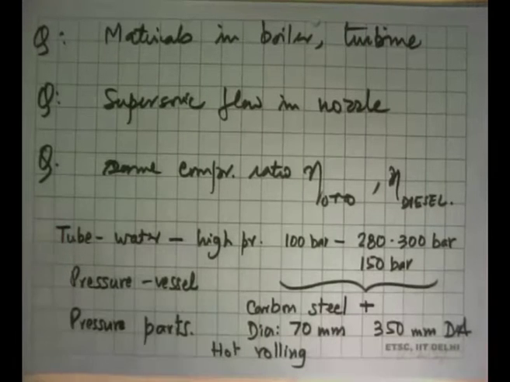That means you make a tube which is heated up, and then you first extrude it, and then you expand it, turn it, bend it, everything while it is hot, what you have learnt in metal forming, and that's how we get these tubes. We cannot transport very long tubes to the site, so these tubes are made in lengths which are transportable, which is the length of a railway freight wagon.